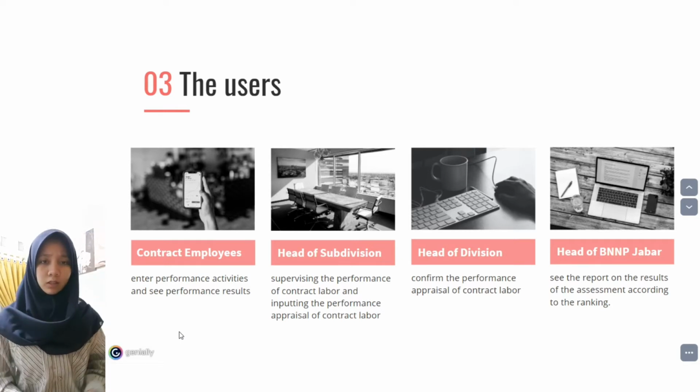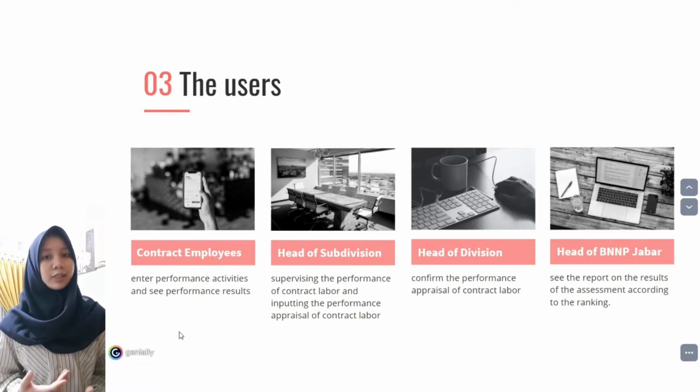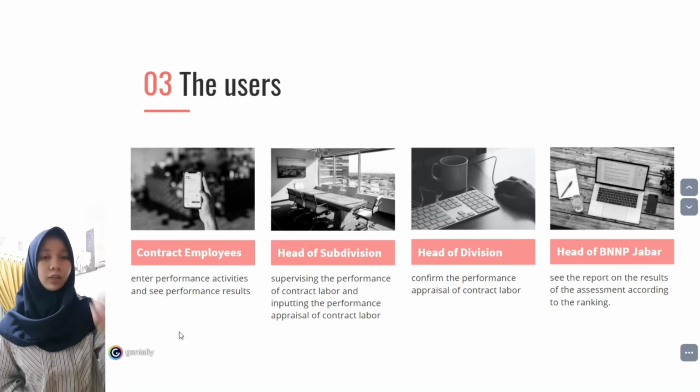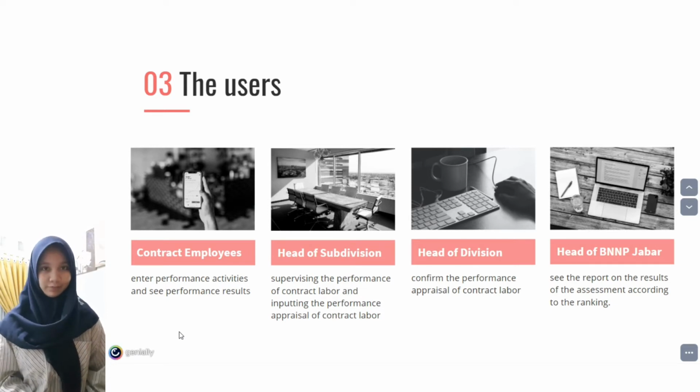The second user is the head of subdivisions. Their roles are monitoring the performance of contract employees and then inputting the appraisals of contract employees. The third user is the head of division.